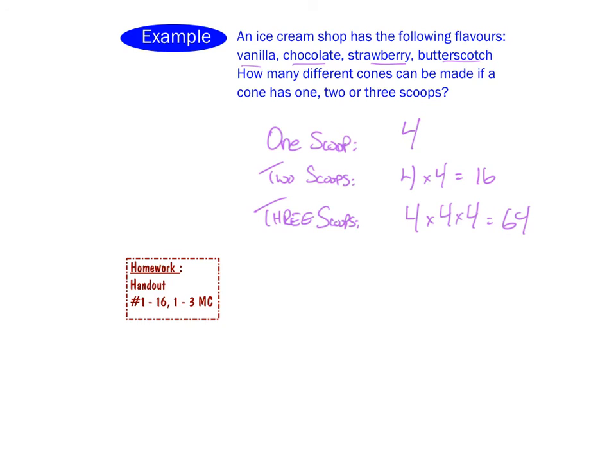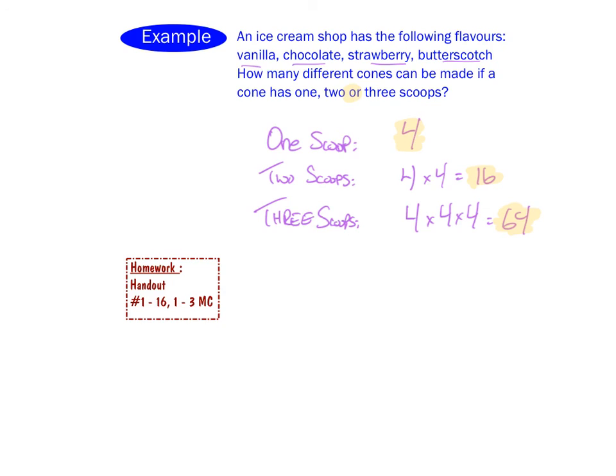And then to find the number of ways of having 1, 2, or 3 scoops, we're going to take these numbers here and we're going to add them.